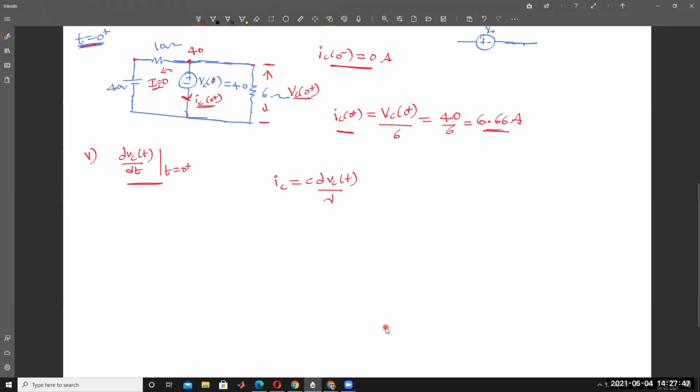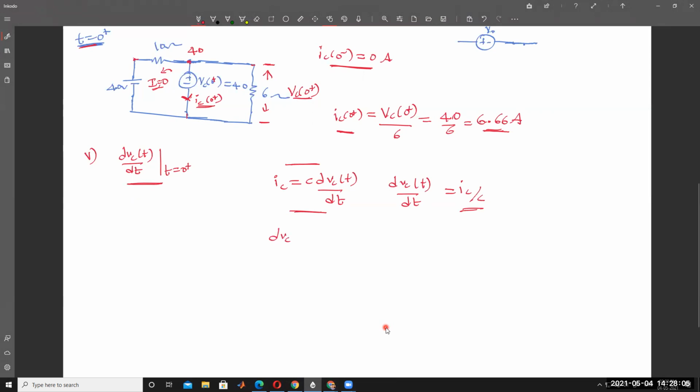This is the current flow into the capacitor equation. And then dVC of t by dt is equal to IC by C, am I right? At t equal to 0 plus. So then what happened?